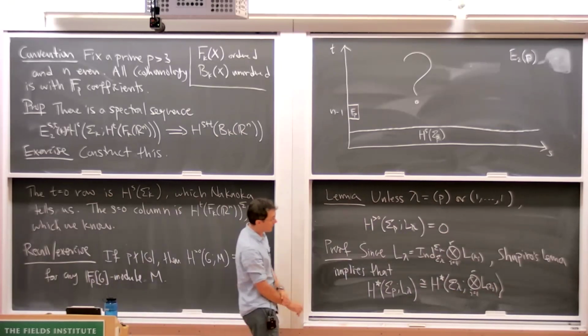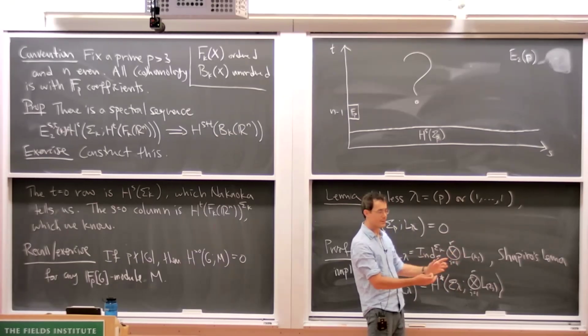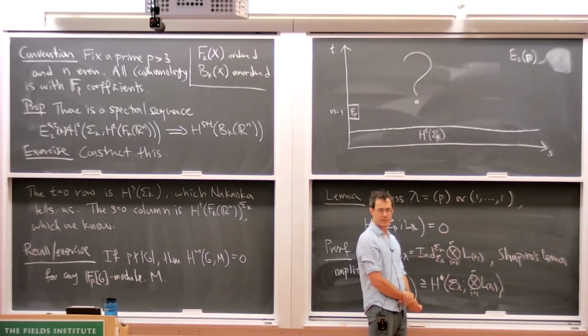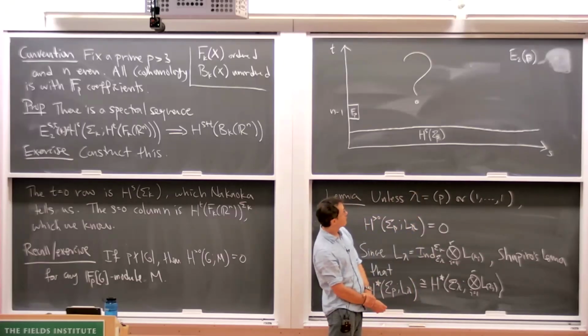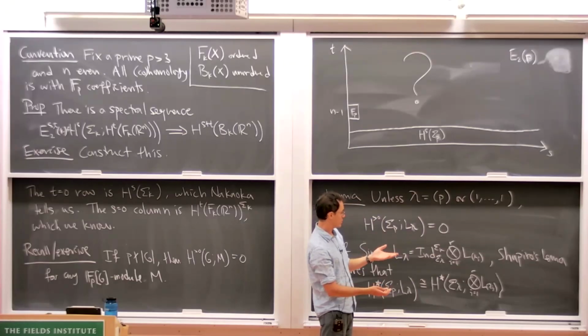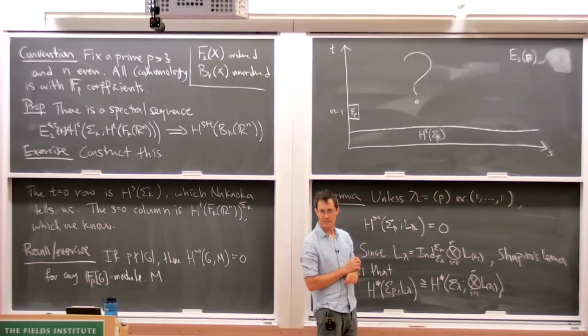Well, if this was a direct product, then we could use the Künneth theorem to break this up into tensor product factors. It's not quite a direct product. It's a product of wreath products, but it still will sit inside of that corresponding tensor product. And the thing to observe is that, or actually, I'm saying way too much. That's all true, what I just said, but let me retract it because it's unnecessary.